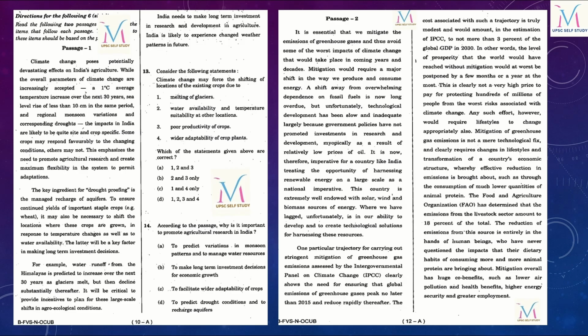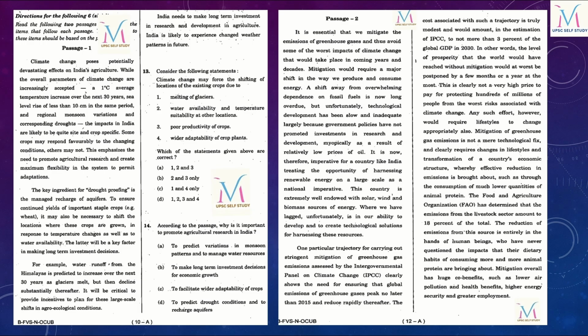So coming to question number 13, the climate change may force the shifting of the locations of the existing crops due to melting of glaciers, water availability and temperature suitability at other locations, poor productivity of crops, water adaptability of the crop plants.